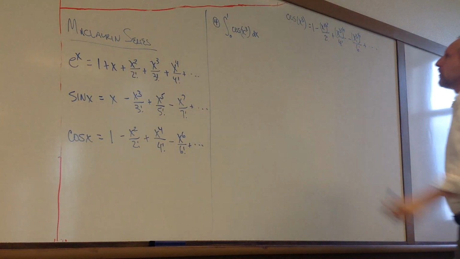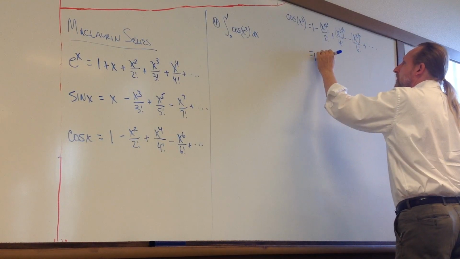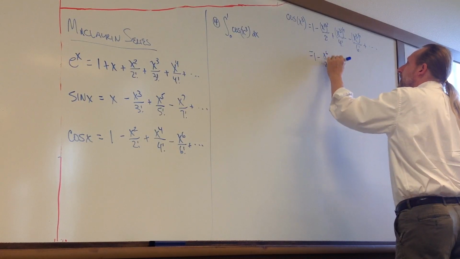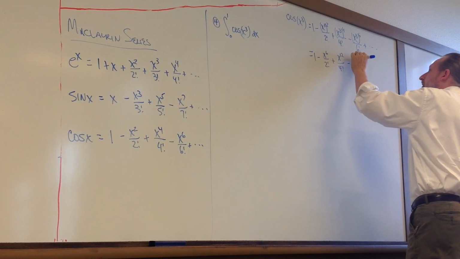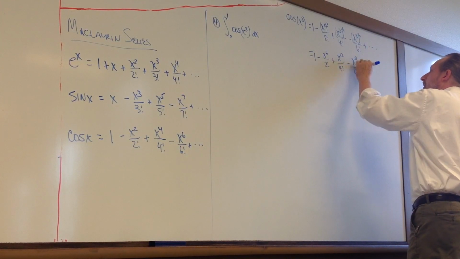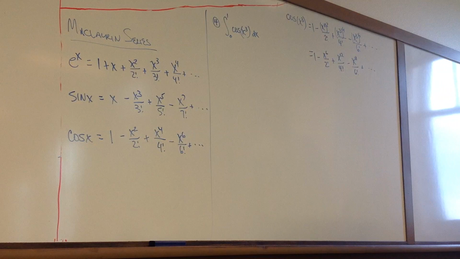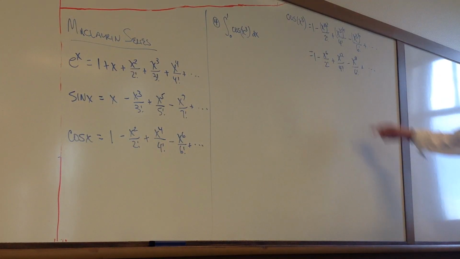So we're going to get 1 minus x to the 6th over 2 factorial, plus x to the 12th over 4 factorial, minus x to the 18th, and so on. If we need more terms, we can just continue to follow this pattern.